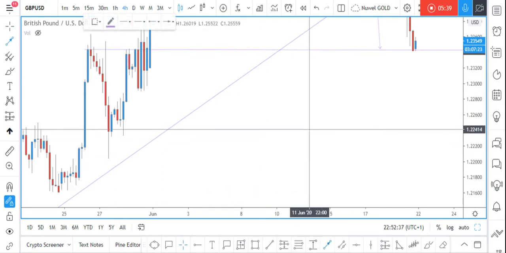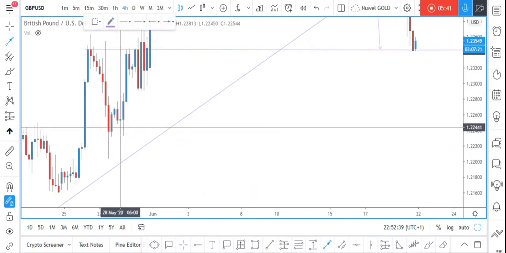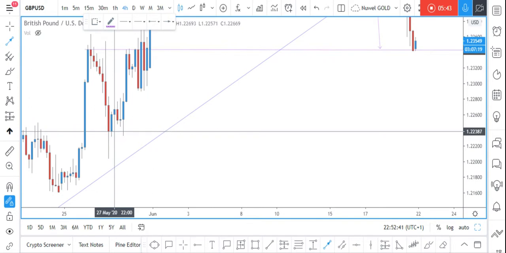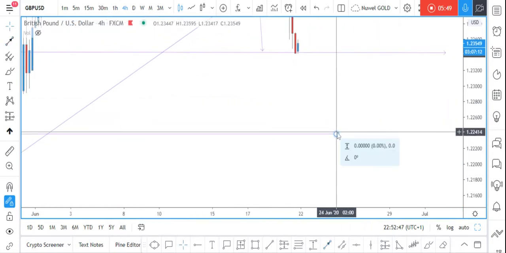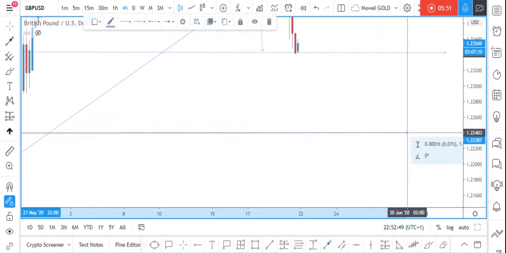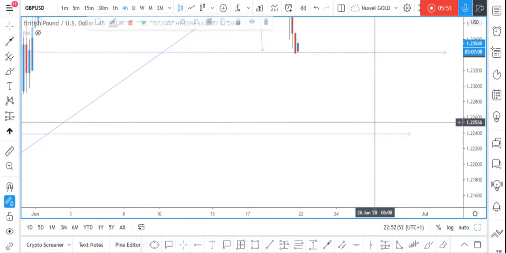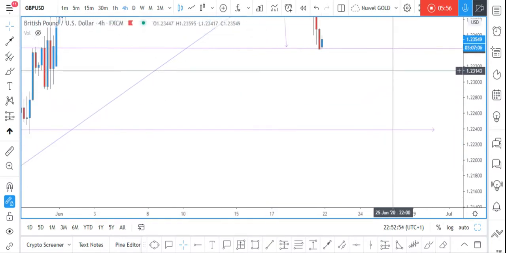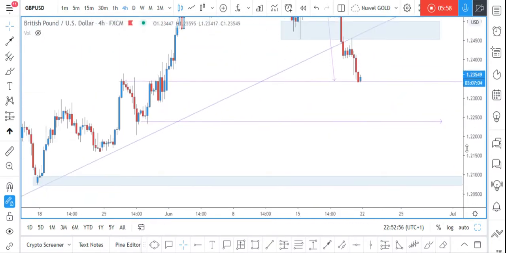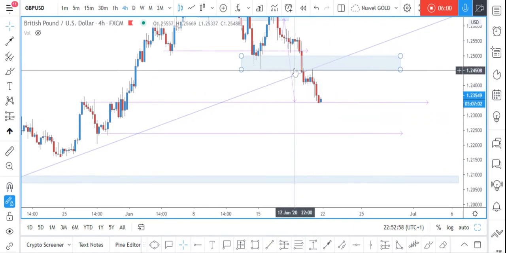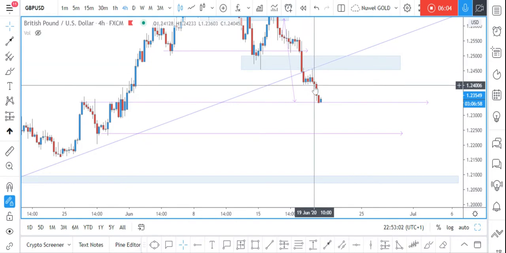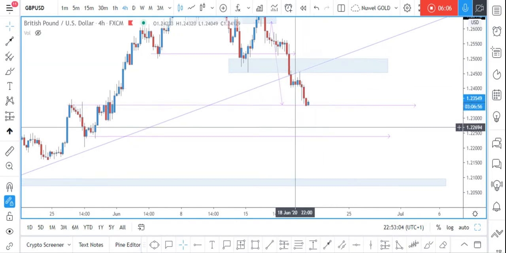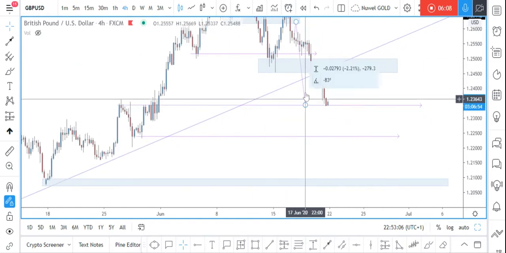And then let's see whether we can join this line. 1.2230, this could be a potential target for us. 1.2240, right there, a very nice target for us. So we see a breakout of this trend line, retest, shooting star, boom, price dumped, just melts down. This is actually a good trade.